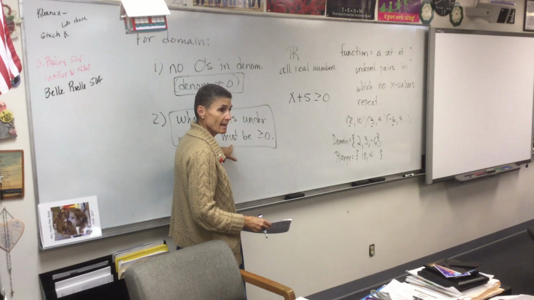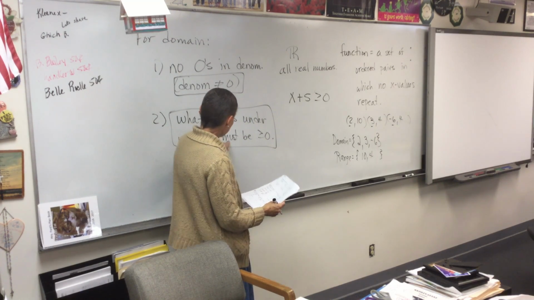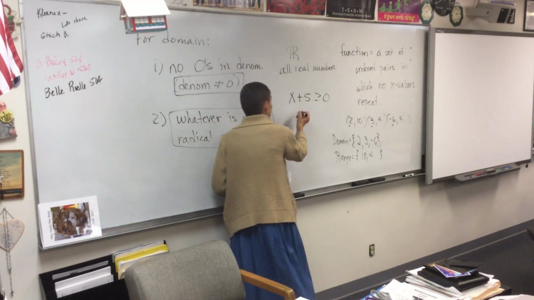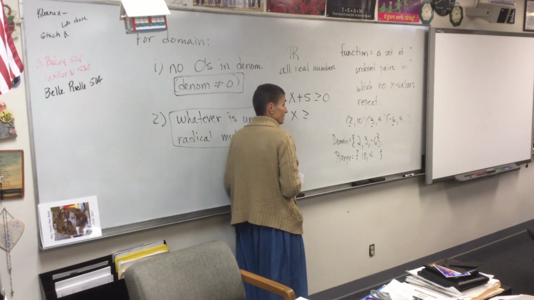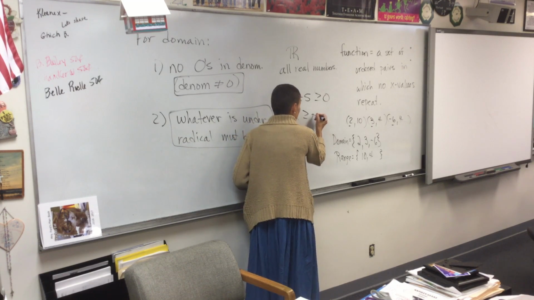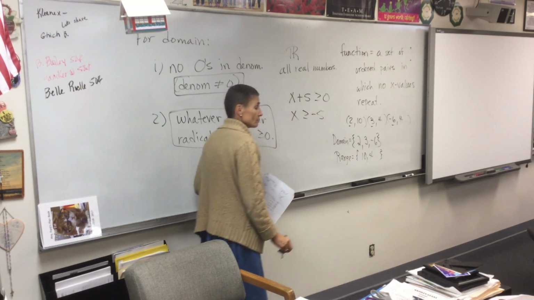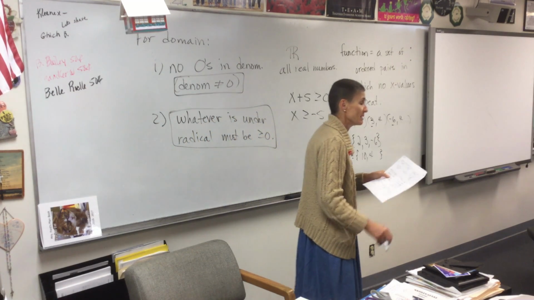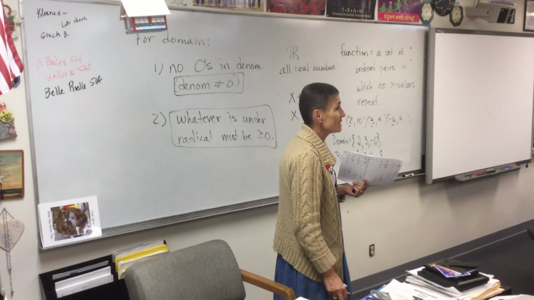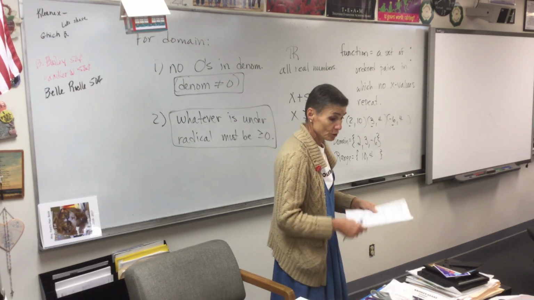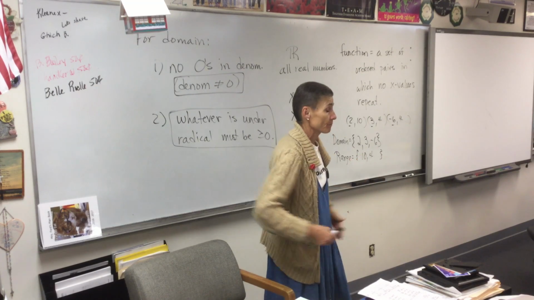The rule says whatever is under there must be greater than or equal to 0. So what do I know about my domain? It's all the x's greater than or equal to -5. For 2b, your domain is all the x's greater than or equal to -5.